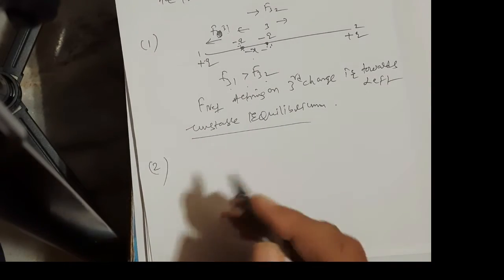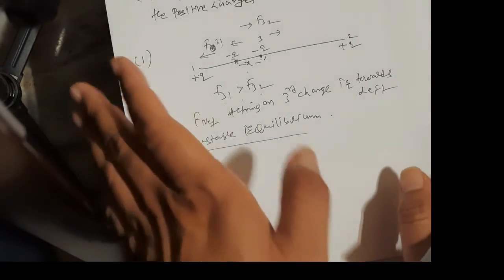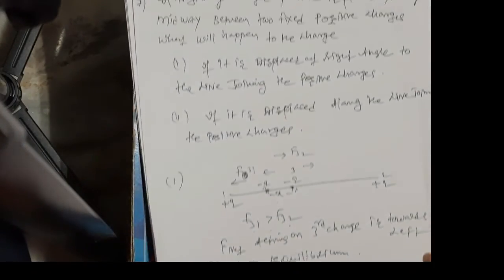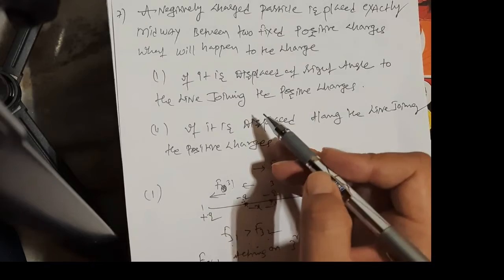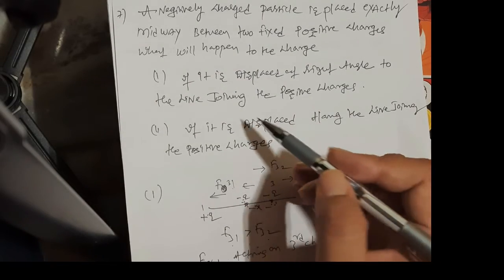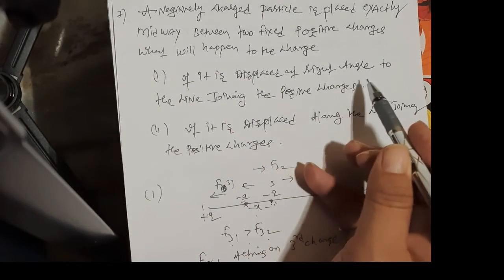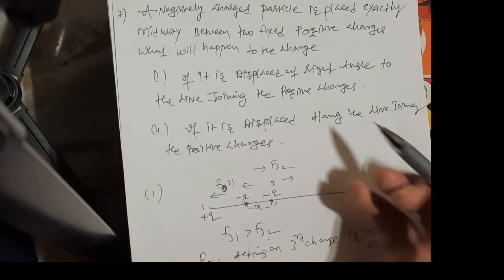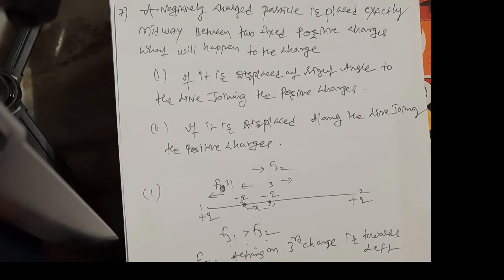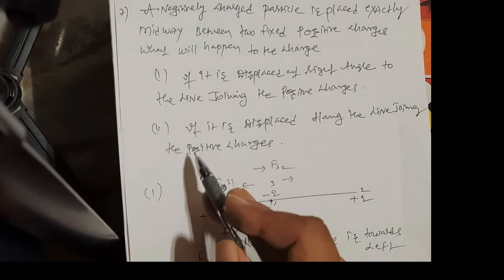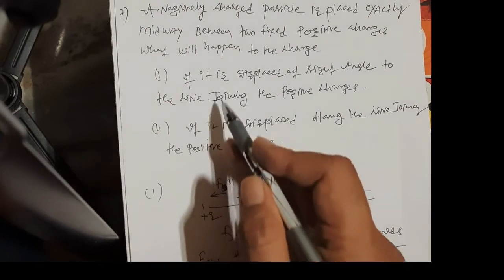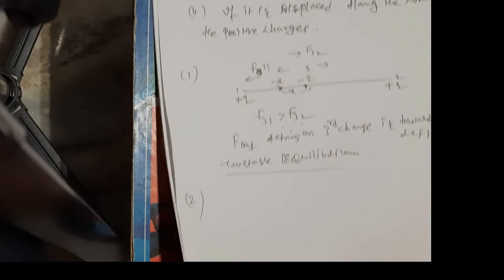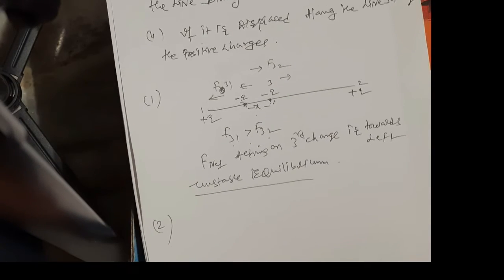Now let us discuss the second question. In the second question, the charge is displaced at right angles to the line joining the positive charges. So first we discussed the previous question, now we discuss this one.